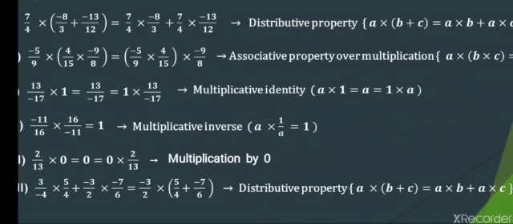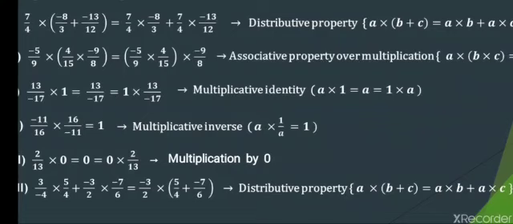So when we multiply the number with its multiplicative inverse, the answer is always 1. Here in this case, you can see when we have multiplied minus 11 by 16 to its reciprocal, that is 16 by minus 11, you get 1, that is identity. So this is the property of multiplicative inverse.